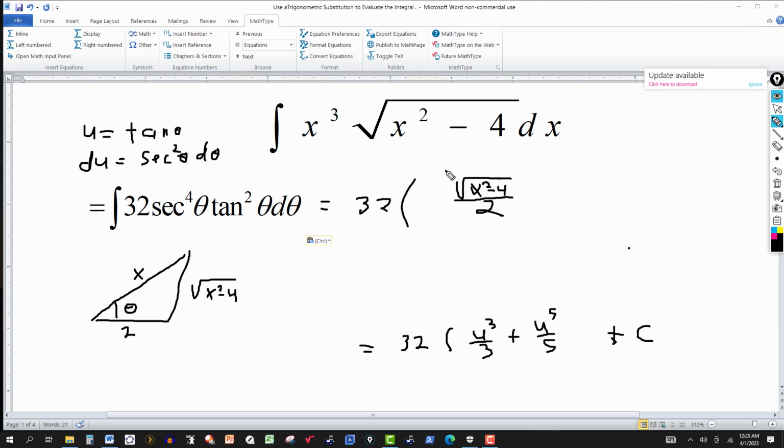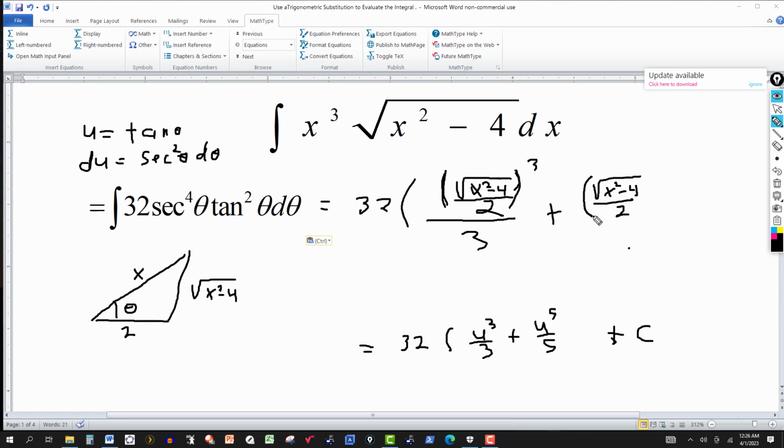Over 2. And this is all in the numerator here. This is u to the third, which would be tangent to the third power here, and that's over 3. And this is plus, and again, u to the fifth, but u is tangent, so this is again going to be the square root of x squared minus 4, opposite over adjacent, over 2.